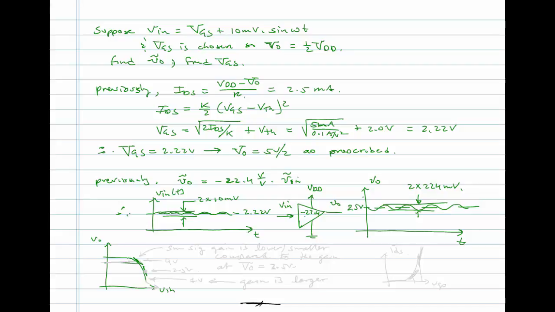So if we were to set up our operating point up here at 4 volts rather than right here at 2.5, we would say that the small signal gain is smaller, is lower compared to the gain at big VO equal 2.5 volts. All right, so it's important. We have to know the operating point before we can determine the small signal gain.